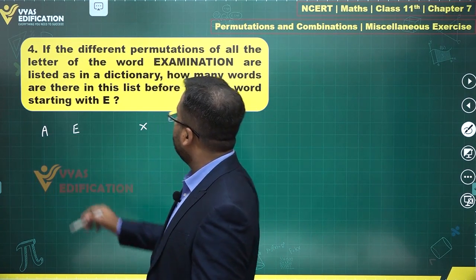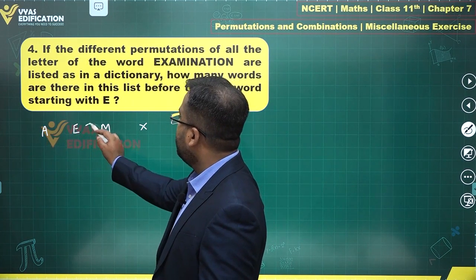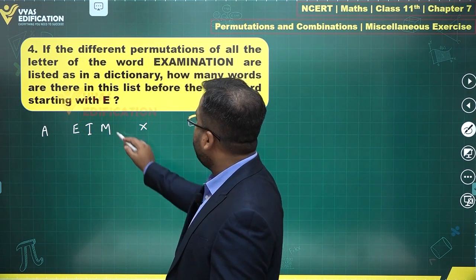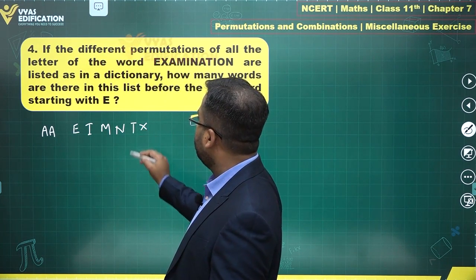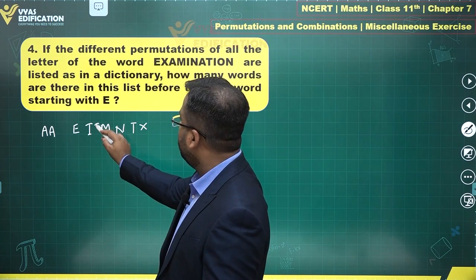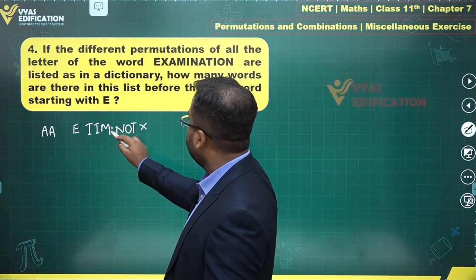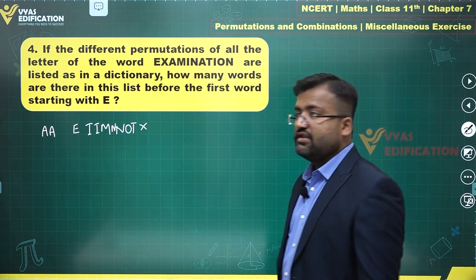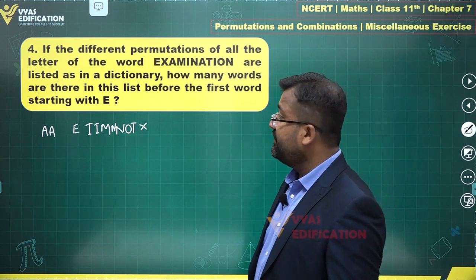A, E, X, A, M, I, N, A, T, I, O, N. There's another N. Let's write another N over here, right? This is what you have. These are letters written in the alphabetical order. Do you observe that, right?